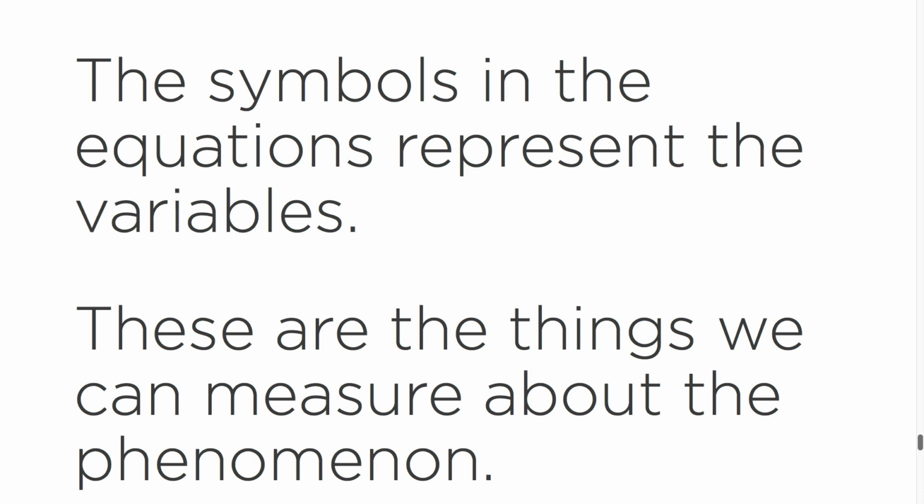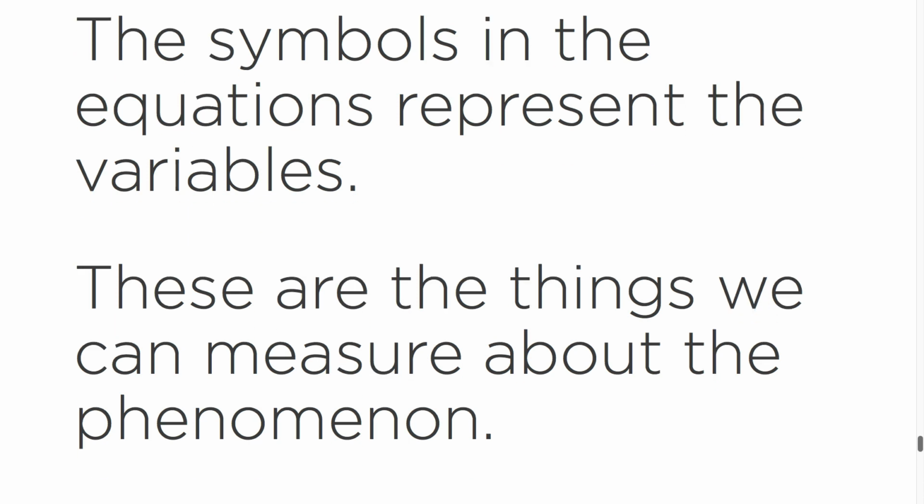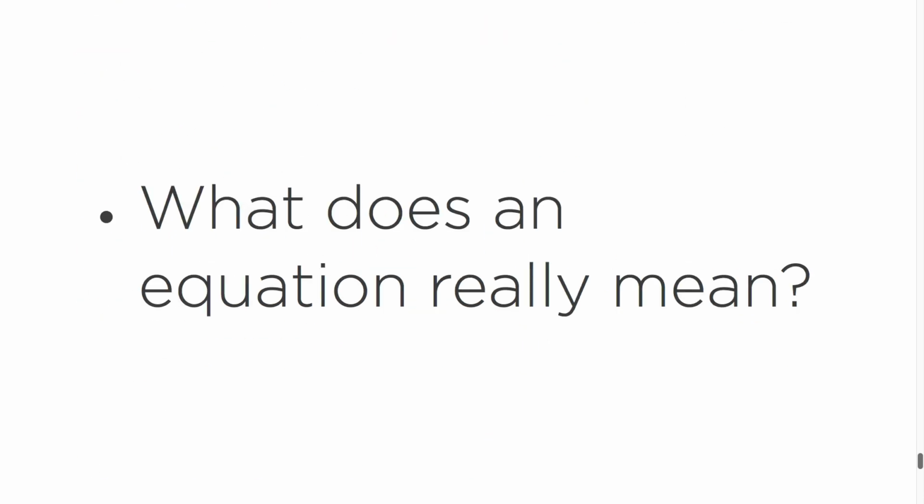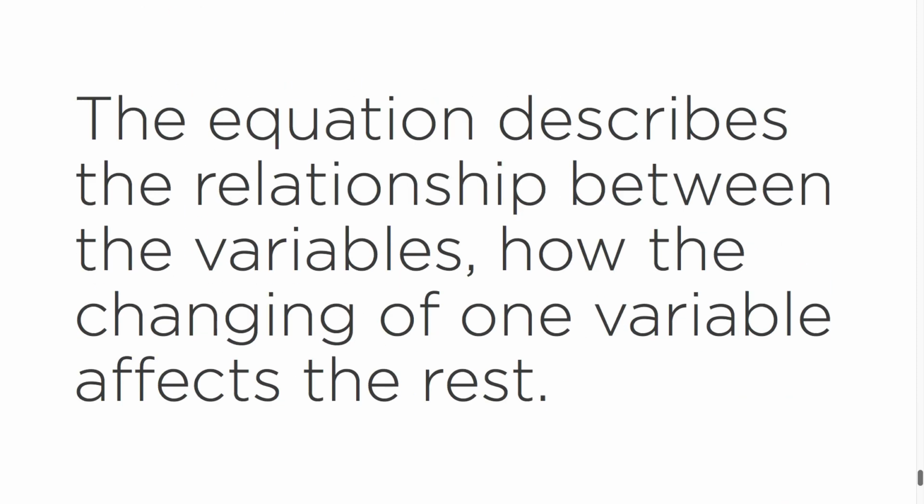And to be able to measure it, we have to come up with variables, and those variables are the symbols in the equation. Okay, so what does an equation really mean? The equation describes the relationship between the variables, how the changing of one variable affects another variable or affects the rest of the variables.